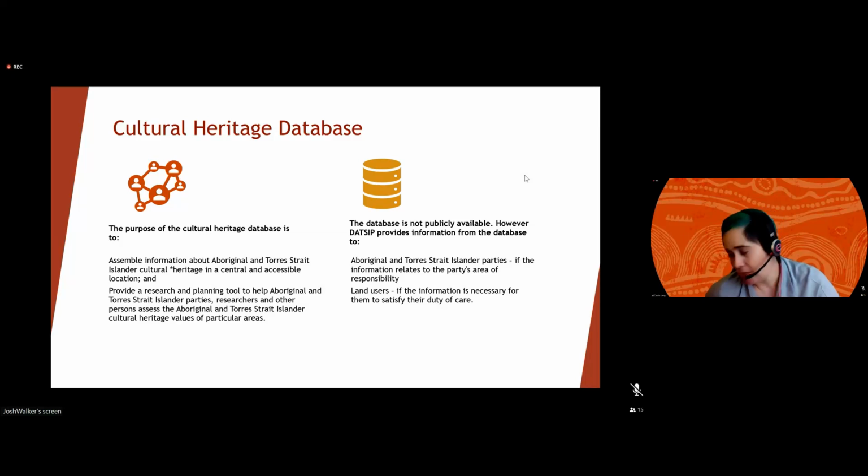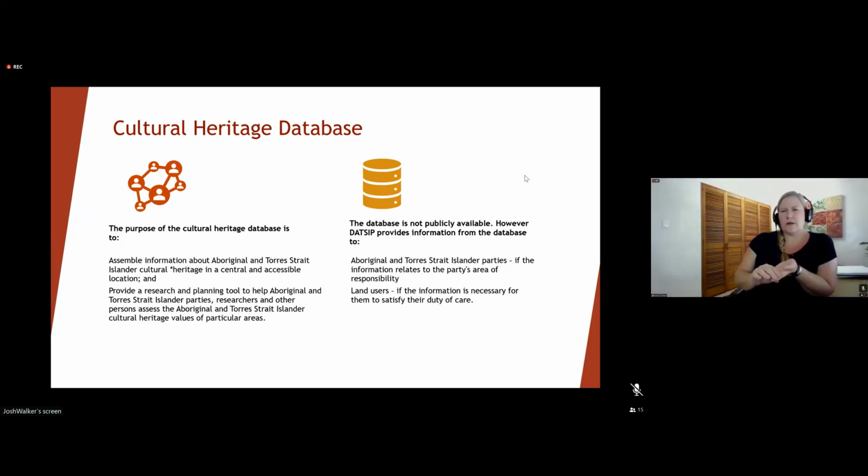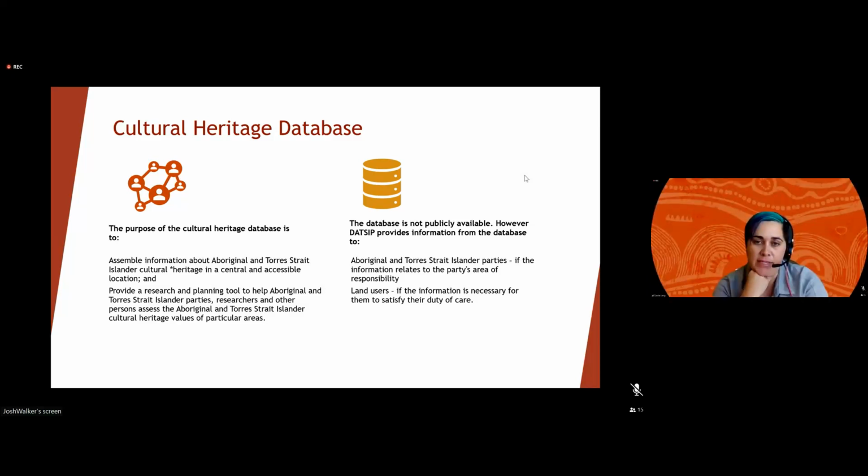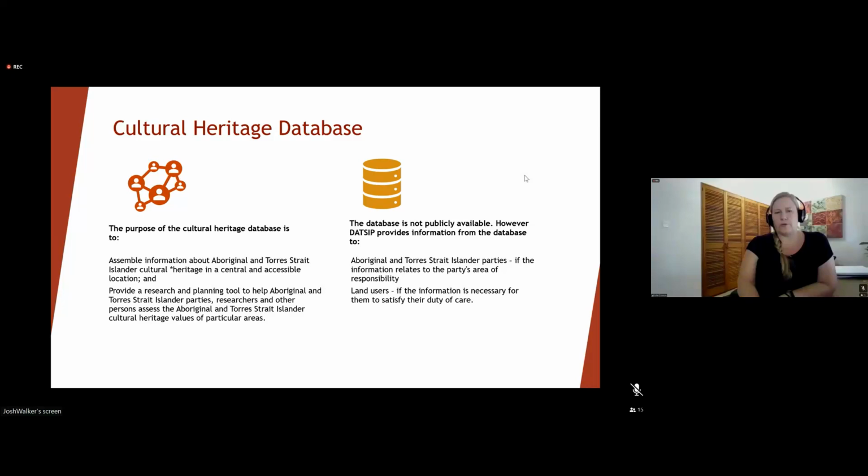There is another act, I just can't think of it off the top of my head. So if there are other acts or regulations that require an environmental impact statement or assessment of some sort, can we assume that they also will trigger that? Yep, I would. It would be your safest bet. Yeah, good. Thanks.